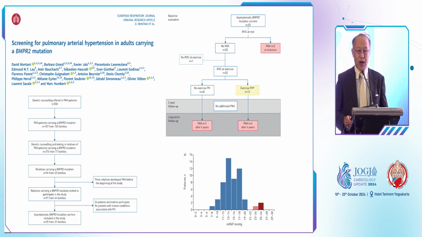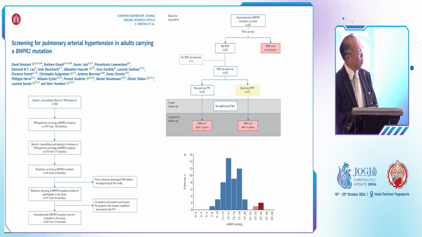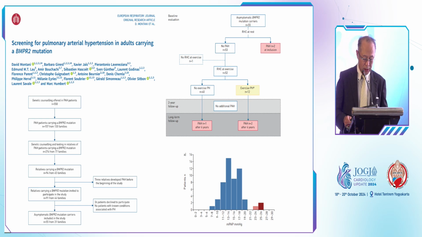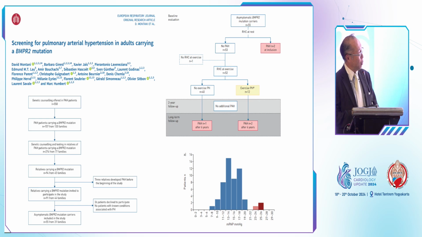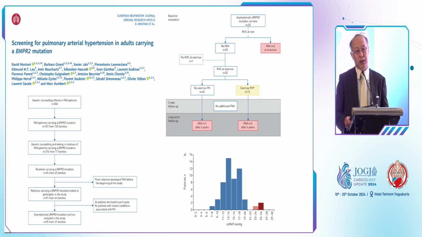And out of 55, 2 had pulmonary arterial hypertension at inclusion, although they did not have any symptoms. And after that, those patients were followed for 2 years, and the 2-year follow-up resulted in 3 new patients.